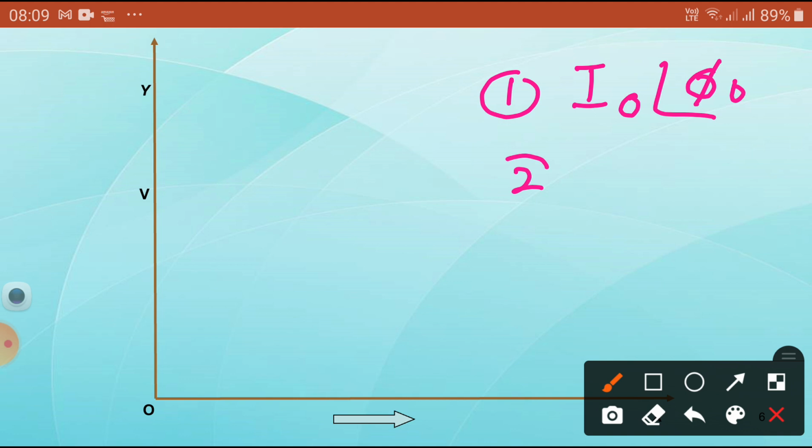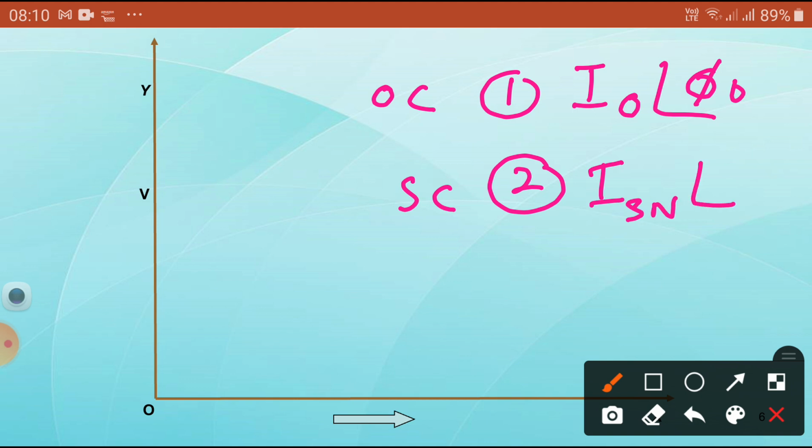The second step is from the blocked rotor test, that is the short circuit test, as against the OC no load test. From this I get ISC at an angle of phi SC, that is the short circuit current.